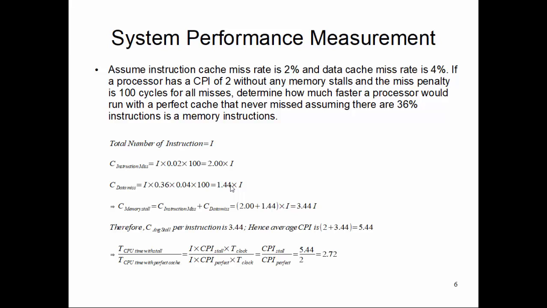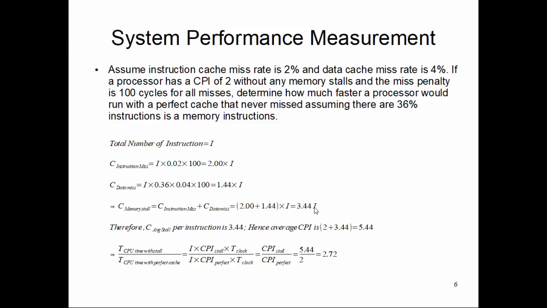That means the total memory stall you are incurring is the sum of these two, instruction miss and data miss, which comes to 3.44I. That means the average stall per instruction is 3.44 cycles.